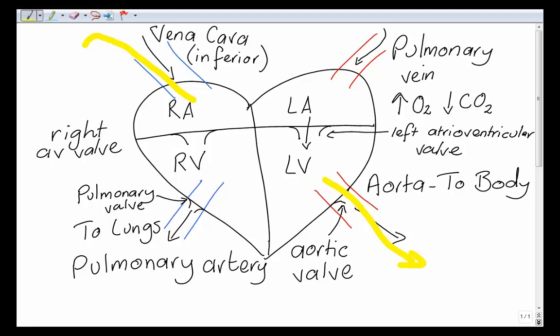It will go down into the right ventricle, and then what will happen is the right ventricle will push it out to the lungs. Now at the lungs, the oxygen will be reintroduced into the blood, so we'll get fresh oxygen. We'll drop off all the waste such as the carbon dioxide, and that new fresh blood will then come back to the heart to be repumped again.